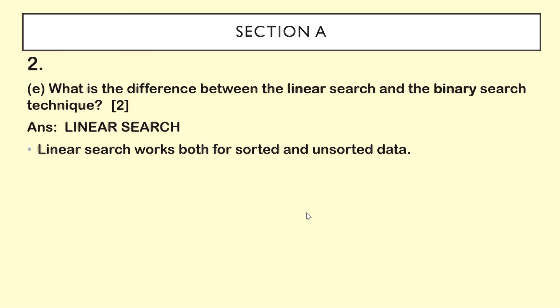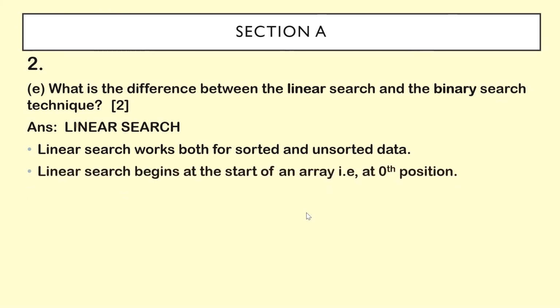If you are working one by one, you will not be bothered whether the data is sorted or not sorted. Linear search begins at the start of an array, that is the 0th position. The starting of an array is always from 0. So linear search basically goes on searching one after the other.